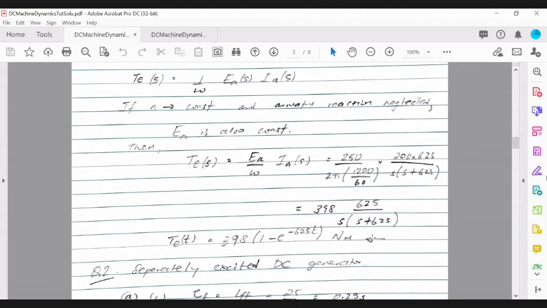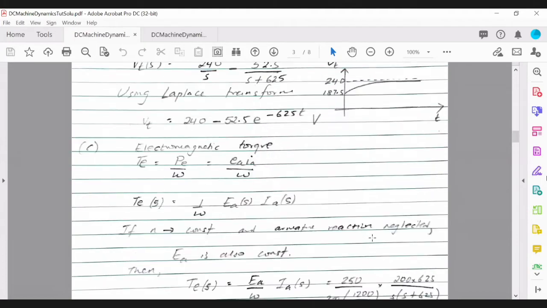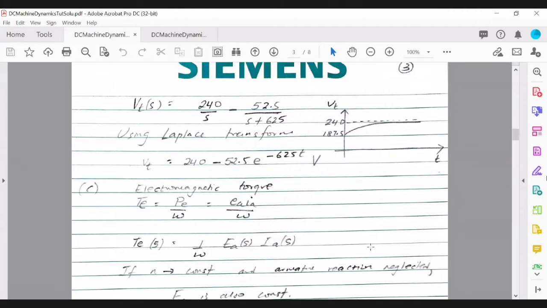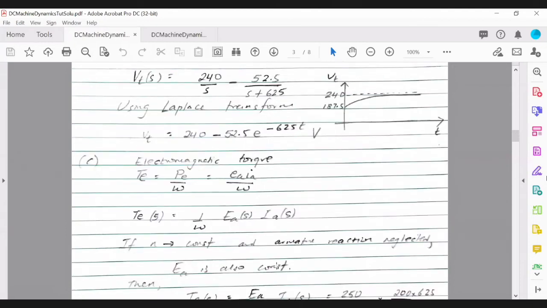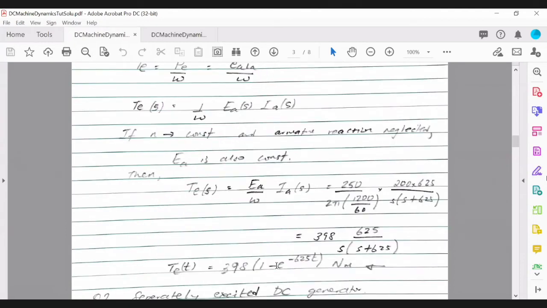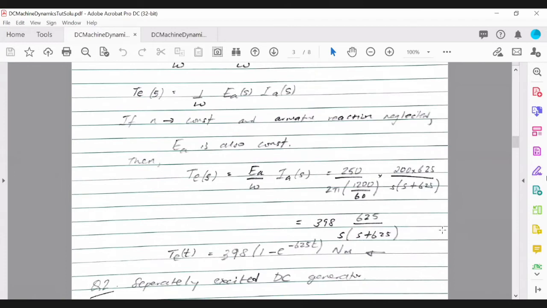Okay, so as you can see, the terminal voltage and the torque also follow the same structure. It will have an exponential rise and attain a steady state value for the torque also.